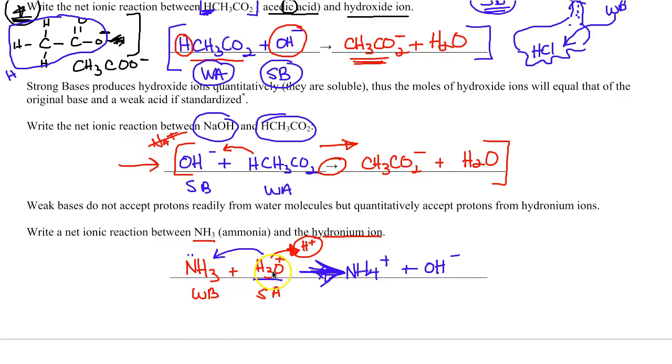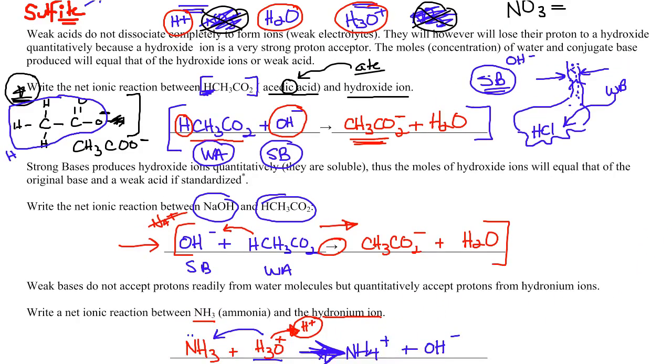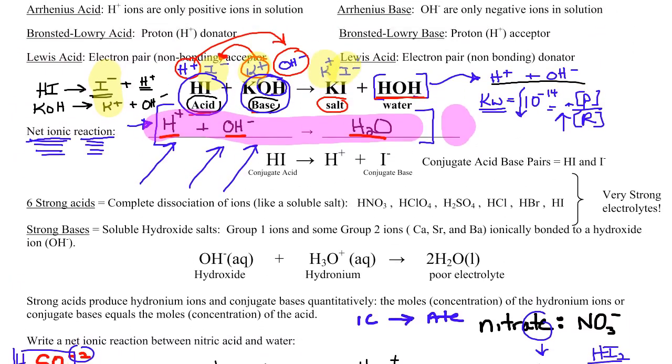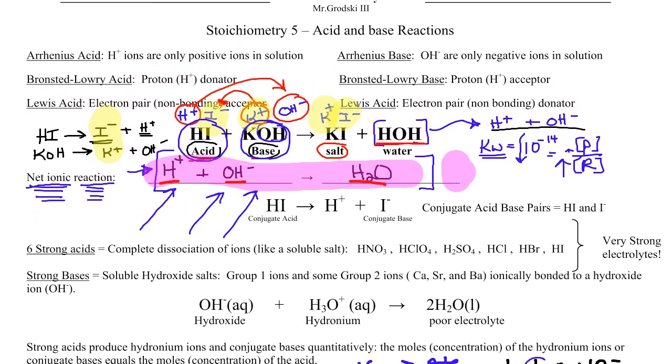But H3O+ will force its H+ onto the weak base and make it completely get neutralized and work its way forward. All right, so that is the first side, and that is going over basically how to write net ion reactions with different acids and bases, weak or strong.